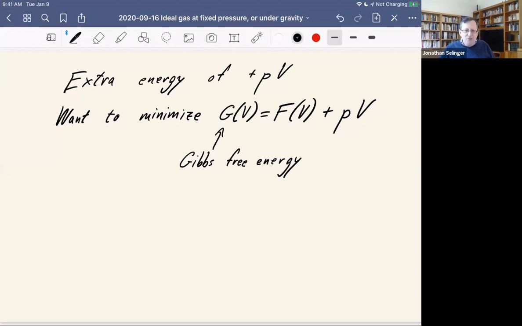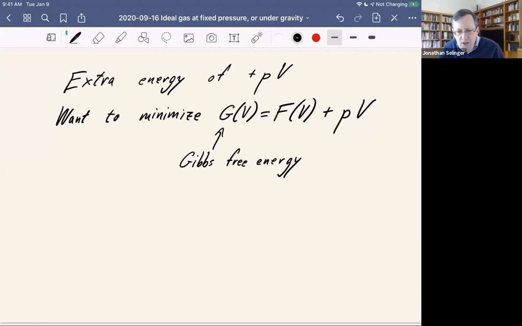I prefer to introduce it in this sort of physical way, the Homer Simpson style of saying, oh, I forgot the pressure. And so this is what it comes down to. So now we have the Gibbs free energy to minimize, the combination of the free energy and the pressure volume term.